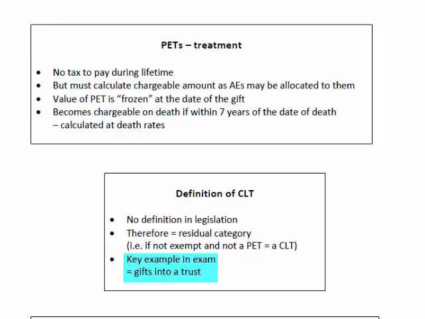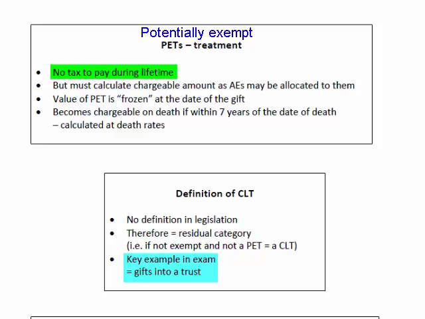So what does a PET and a CLT mean for tax purposes? Well, a PET means that no tax is payable during the donor's lifetime, the donor being the person that made the gift. Remember that the PE part stands for potentially exempt, and a PET is exempt during the donor's lifetime but may become chargeable on their death.